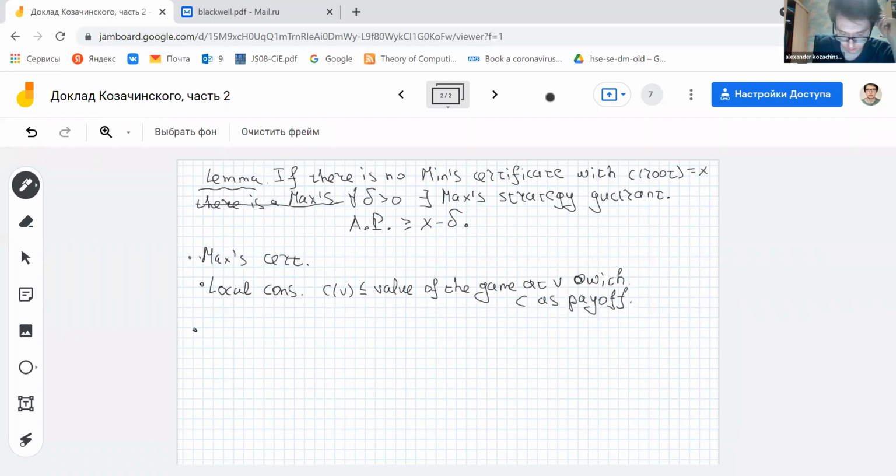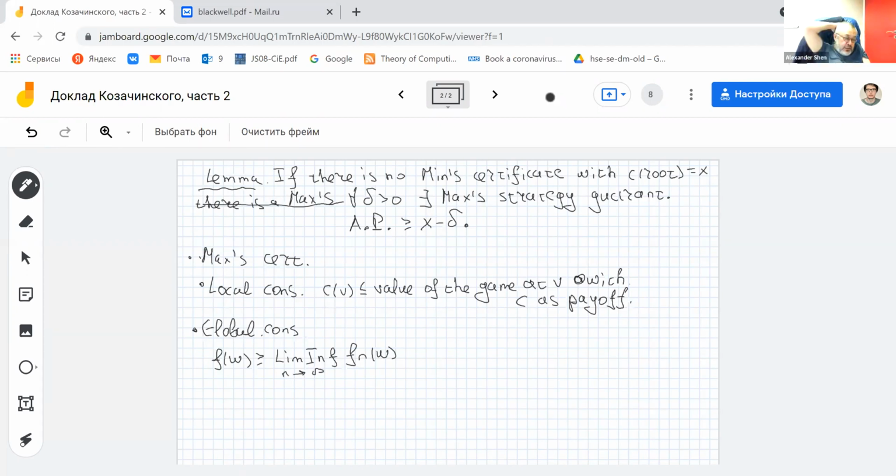And global consistency will be that for any branch omega, it should be at least the lim_inf of f_n of omega, which is the value of the certificate on the nth level of the infinite branch omega.